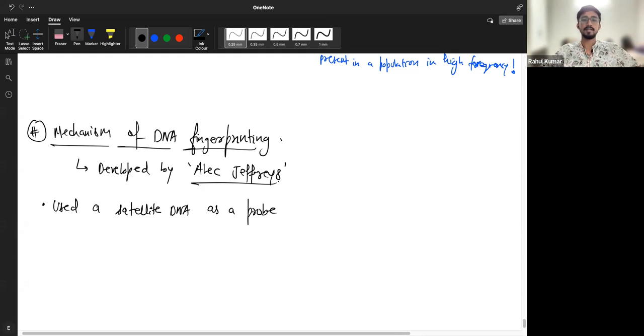So he used a satellite DNA as a probe that showed a high degree of polymorphism, of course. So you just have to identify a region that shows a high degree of polymorphism and you can use that.